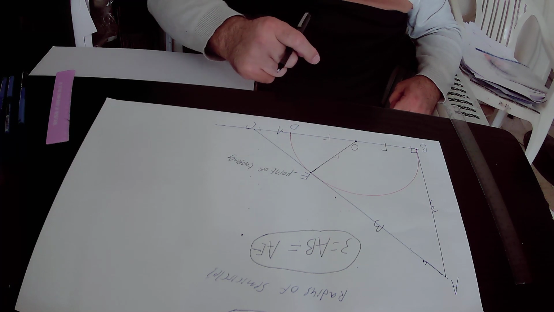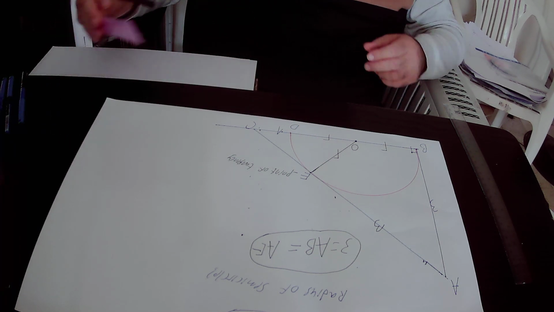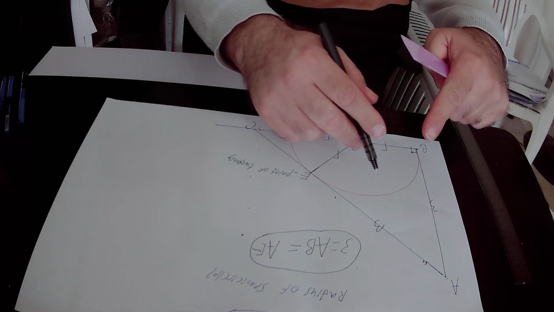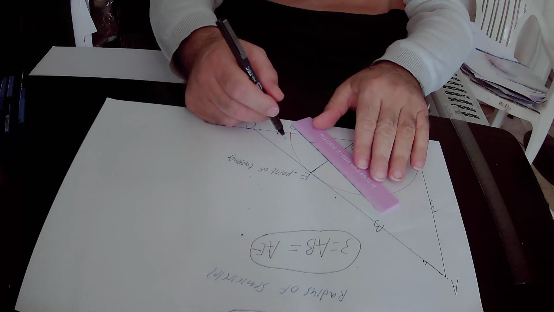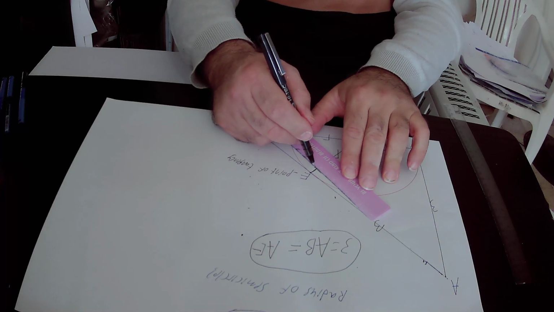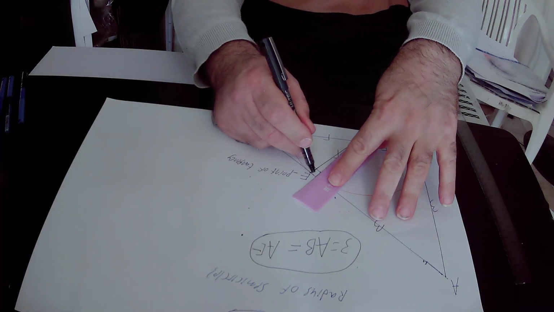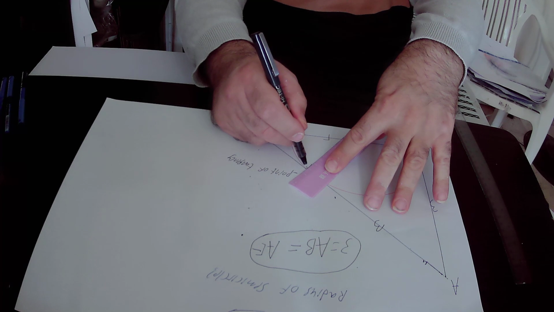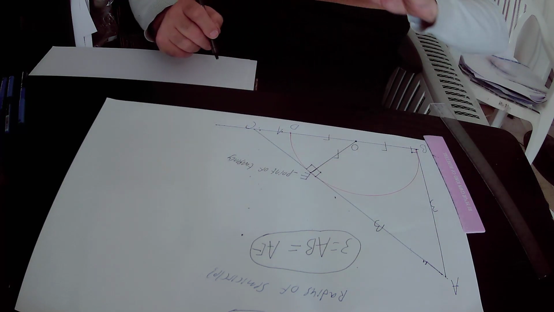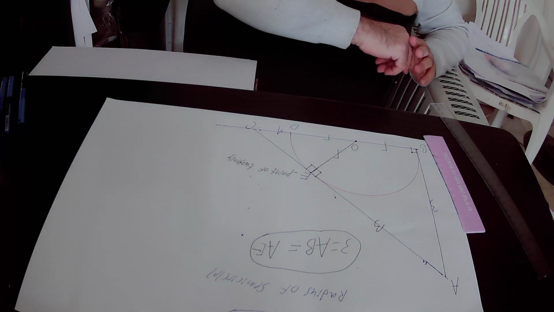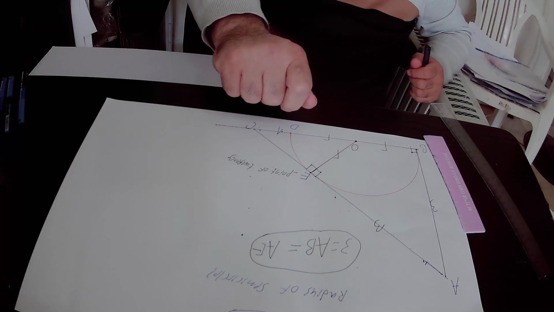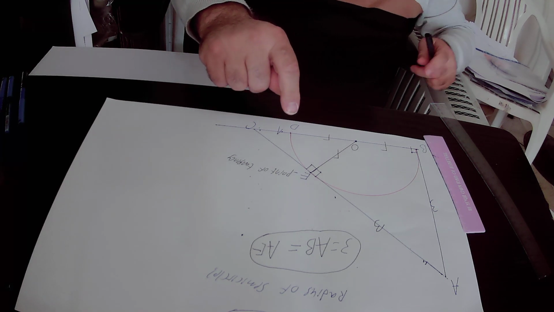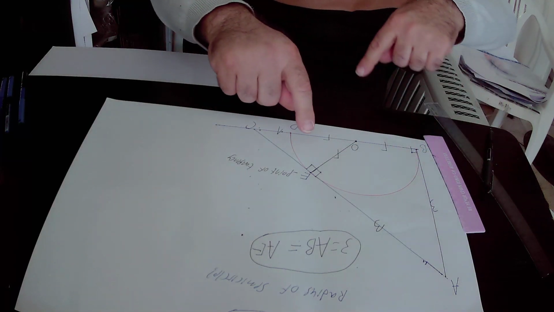Therefore, according to rule number 2, tangent AC is perpendicular to this radius. That is to say, this angle equals 90 degrees, and this angle also equals 90 degrees. Because the radius OE is drawn to the point of tangency, the tangent AC is perpendicular to this radius.